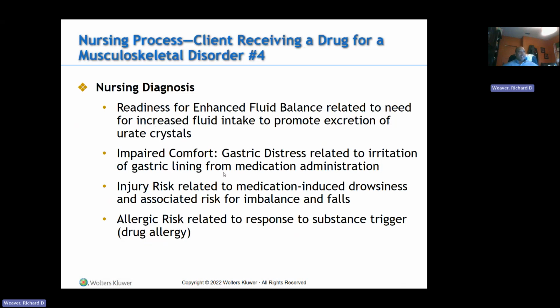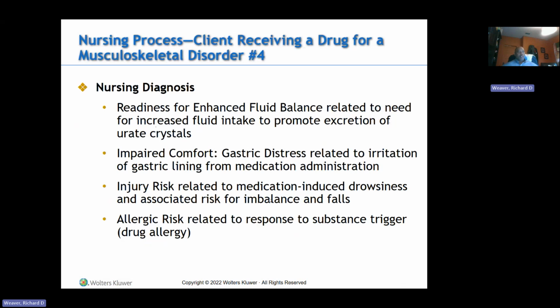Impaired comfort, gastric distress related to irritation of gastric lining from medication administration. This is especially the case with the, which drug was that? It slipped my mind already. Anyway, one of the drugs that we were talking about, the delayed esophageal emptying. We need that drug to progress through the GI tract for absorption as quickly as possible.